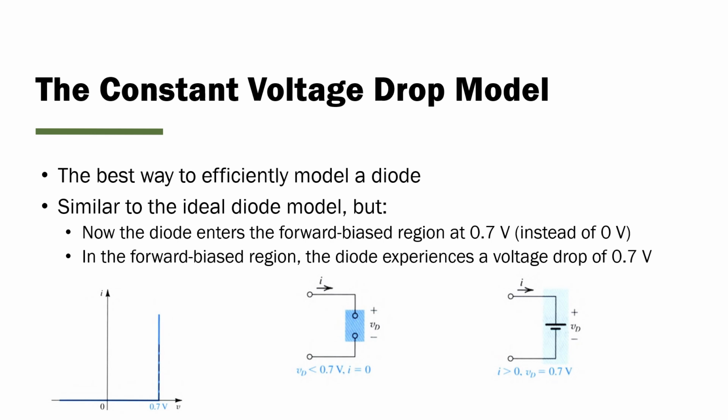The other thing is that when we enter the forward bias region, instead of having just a 0 volt drop and acting like a short circuit, the diode will now experience a voltage drop of 0.7 volts. Otherwise, it behaves quite similar to the ideal diode model. Let's try it out with some examples.